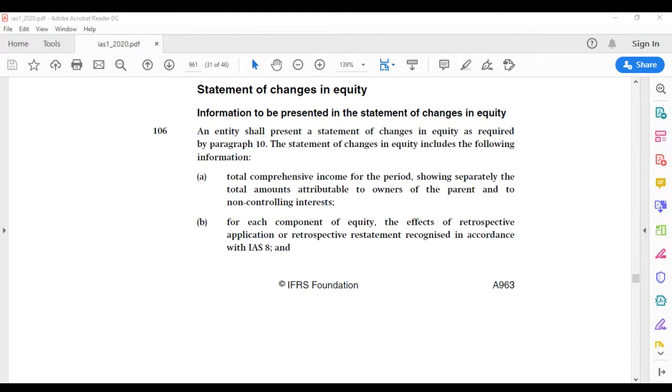So if you are using the function method where you have allocated the expenses to a cost function, and you believe that specific kind of expense to be material, either in value or in nature, then you still have to disclose it. But then you do not disclose it on the face of your statement of comprehensive income.